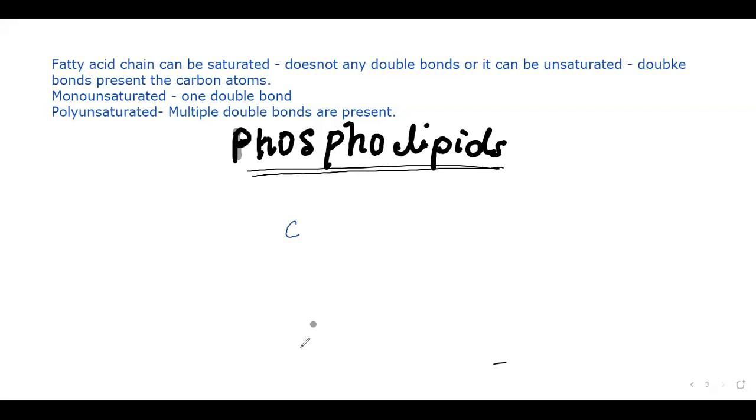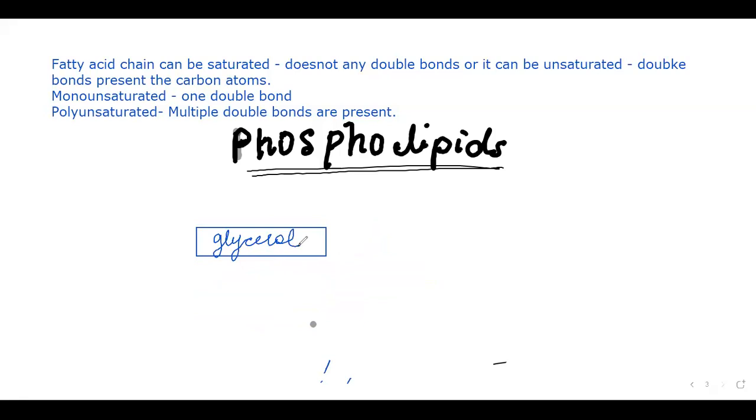In fact, you don't even need to draw the detailed structure of this. One component of it is exactly the same. We have glycerol. Now, just like we studied with the triglycerides, this molecule of glycerol is going to be attached to your fatty acids.